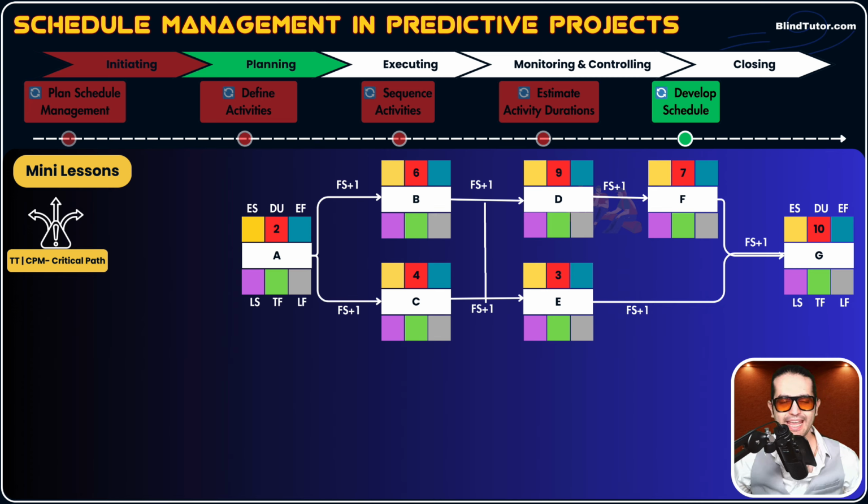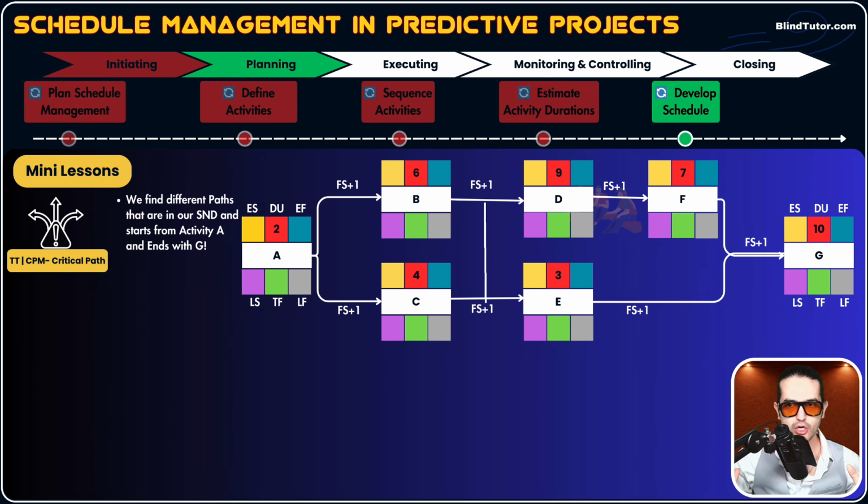What do these paths mean? It means that every SND has different paths, guys. To find the critical path of your SND, you need to first write down and find out all available paths. What do I mean by path? I mean a chain of connected or dependent activities from start to finish.